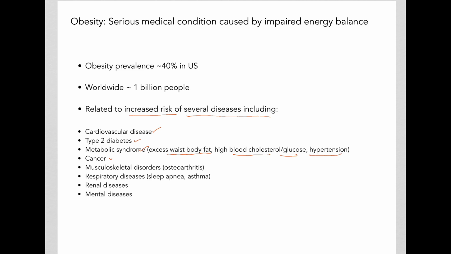And then diseases such as cancer, musculoskeletal disorders such as arthritis, respiratory diseases such as asthma, renal diseases, even mental diseases have been associated with obesity.